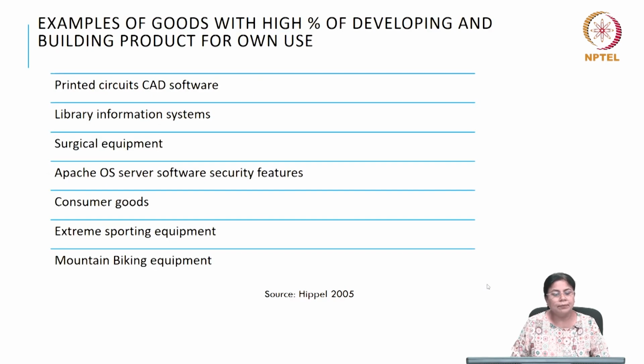These are some of the examples which come from Professor Hippel's book and they highlight that there is indeed a high percentage of users developing and building products for their own use. These include printed circuit CAD software, library information systems, surgical equipment, Apache OS servers, software security features, consumer goods, extreme sporting equipment, and also mountain biking equipment.